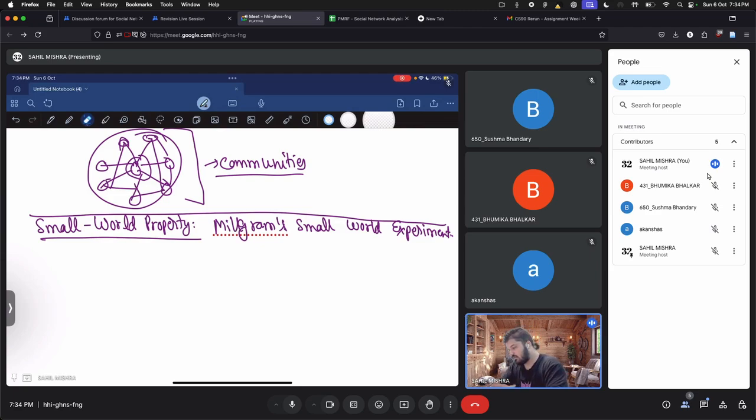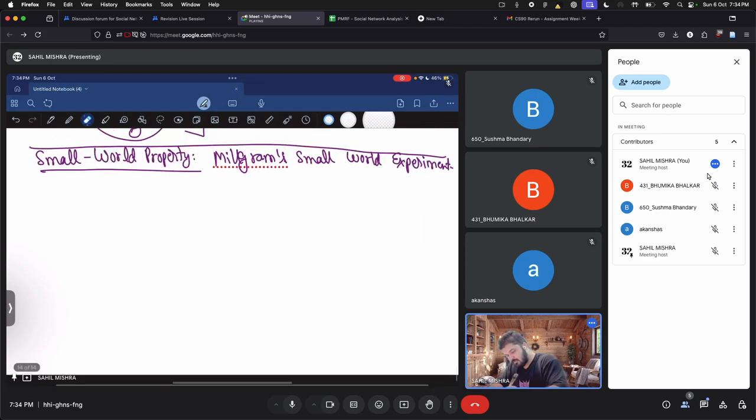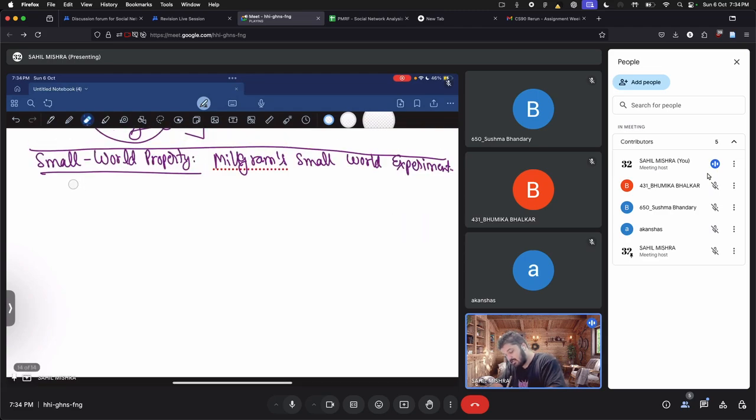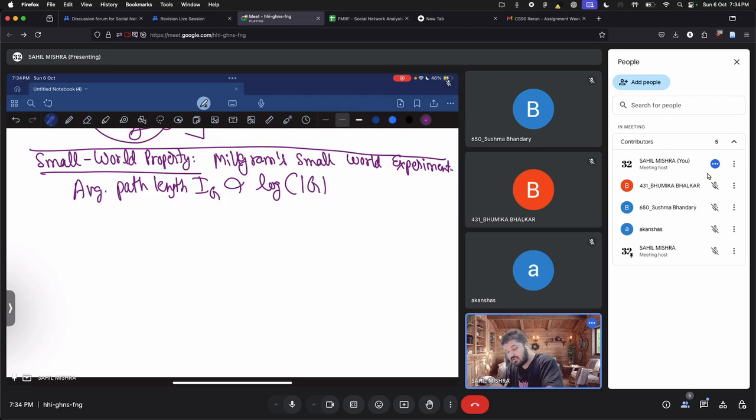The small world property says that the average path length of a graph G is proportional to the log of the size of the network. This was Milgram's small world experiment.